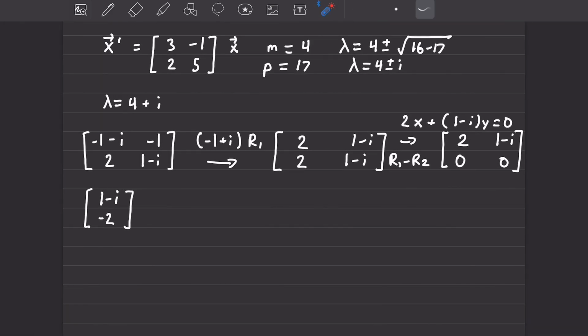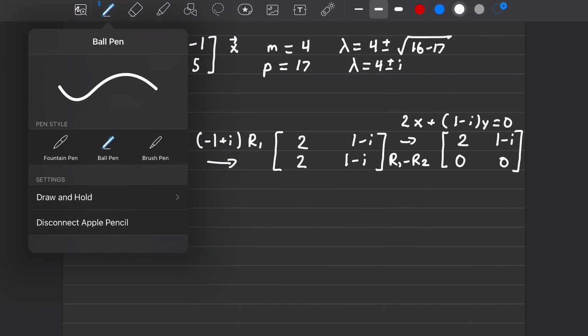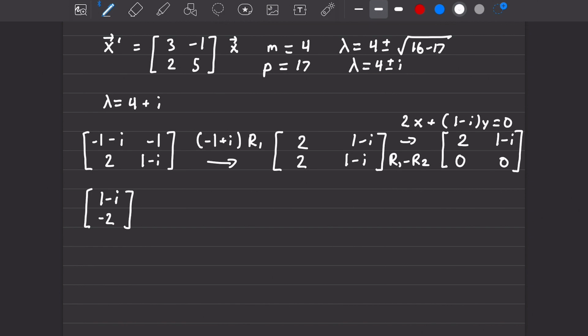And then if we plug in 1 minus i over here, and then negative 2 over here, it solves this, and we can have any constant multiple. Very nice. So we're in a really good spot right now, and let's write out this whole thing now. So to recap, our solution is going to look something like this.